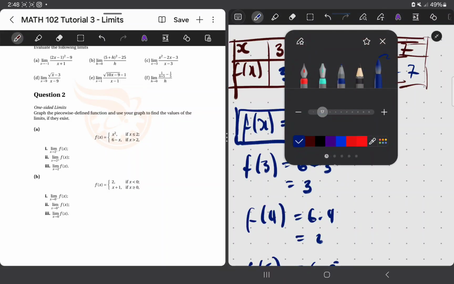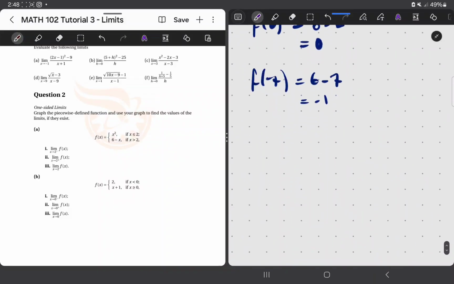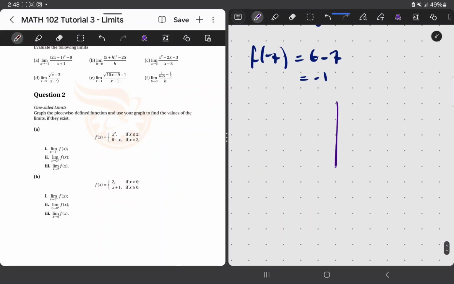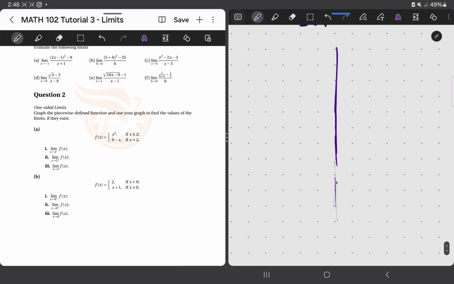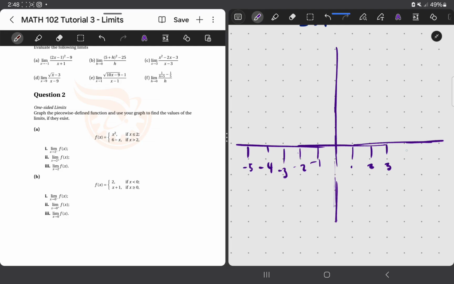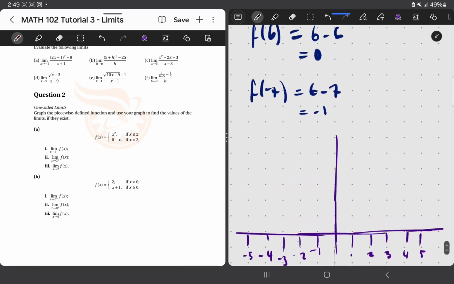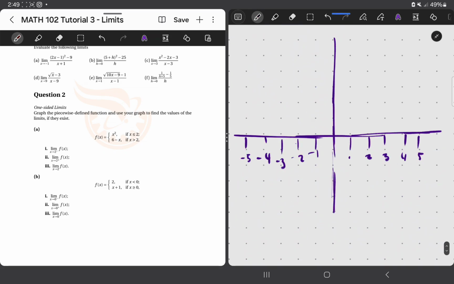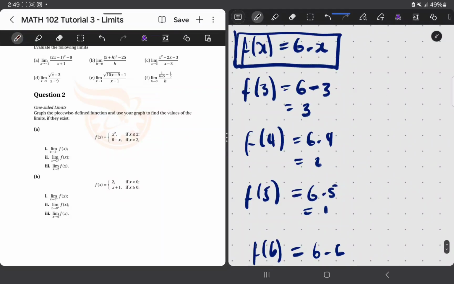So now let's sketch. This minus 4. Then here we have 1, 2, 3, 4, 5. Now that we have reached here, we are going to put the y values. What were the y values we were getting?